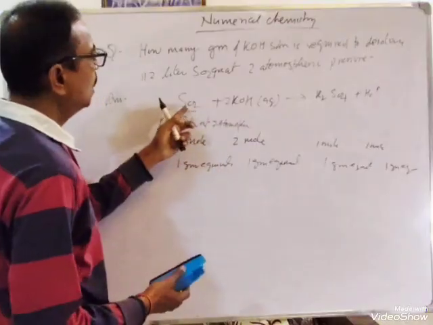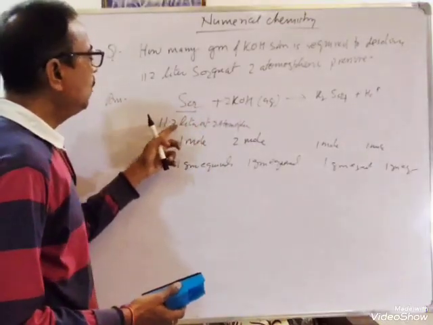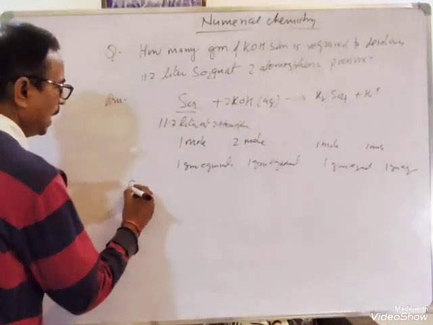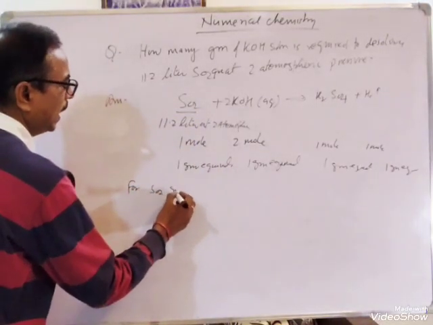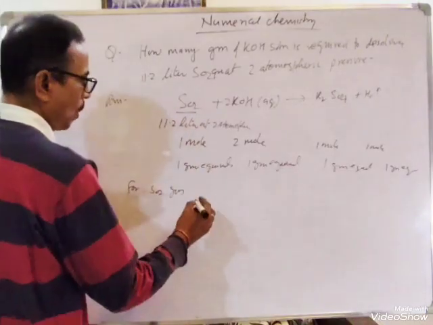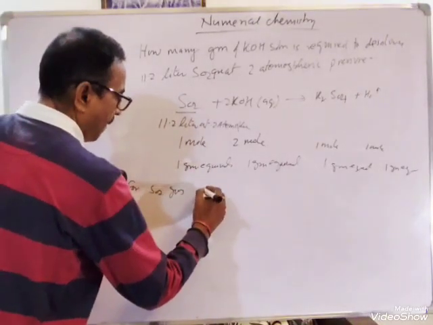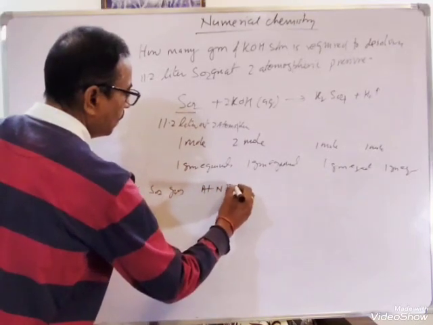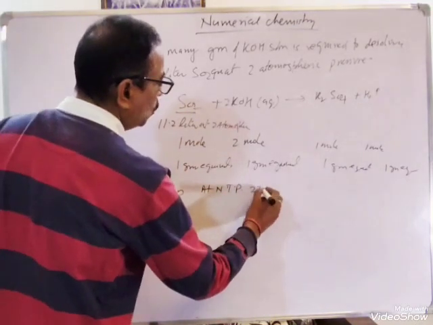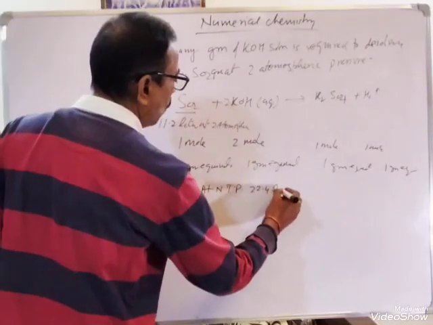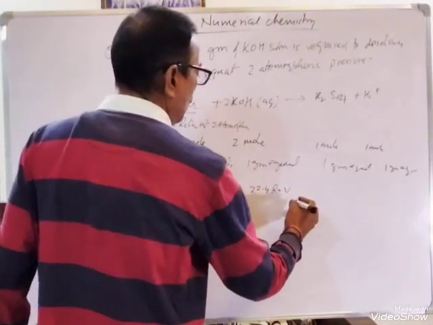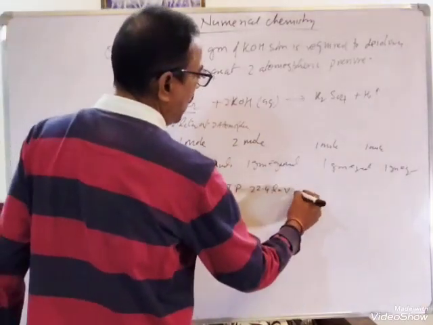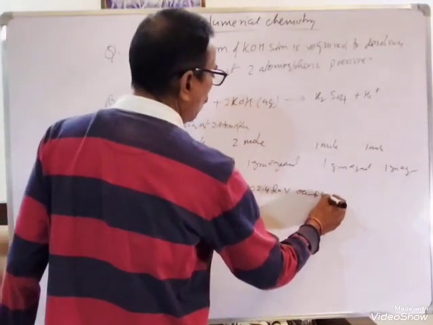Here you are given the quantity of SO2 as 11.2 liter at 2 atmosphere. SO2 is a gas. You know at NTP, 22.4 liter volume is occupied by 1 mole.